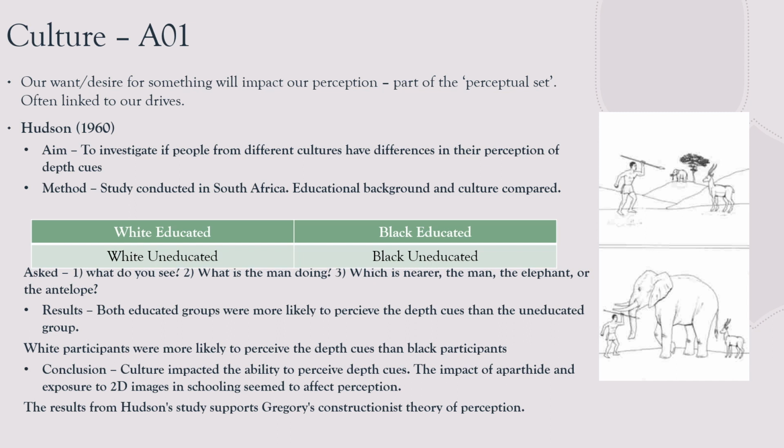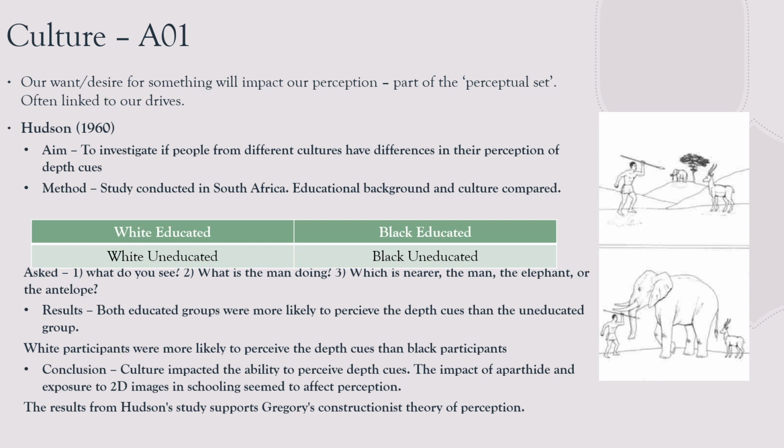The pictures are similar to the ones on the screen, with the hunter and an elephant and a gazelle, and wanted to see whether by looking at these pictures, these different groups could understand the depth cues, so could understand where the hunter was looking at. So showed the 4 different groups these pictures and asked them some different questions.